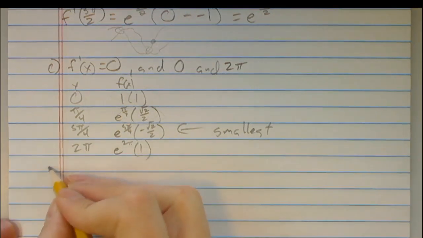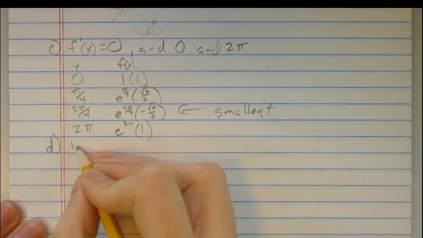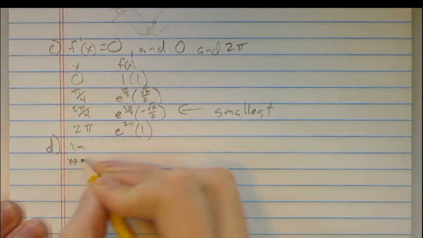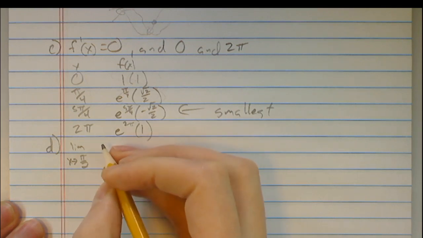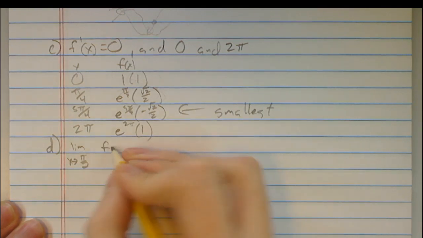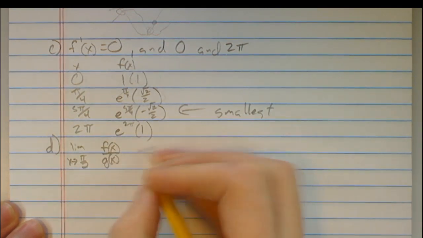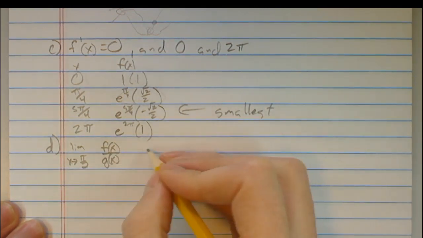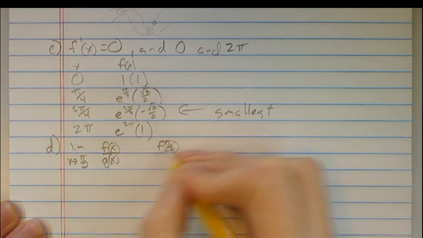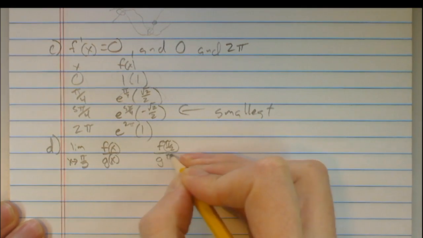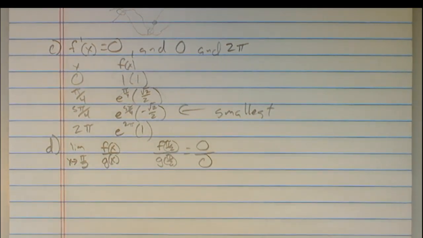So D. All right, limit as x approaches pi over 2 of f of x over g of x, so f of pi over 2, that's 0 over 0.